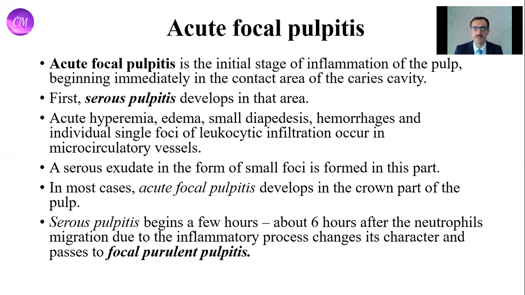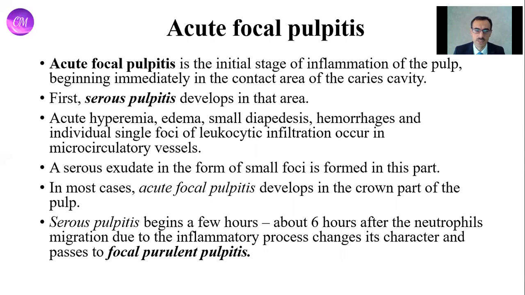Acute focal pulpitis is the initial stage of inflammation of the pulp, beginning immediately in the contact area of the caries cavity. First, serous pulpitis develops in that area. Acute hyperemia, edema, small diapedesis, hemorrhage, and individual single foci of leukocytic infiltration occur in microcirculatory vessels.